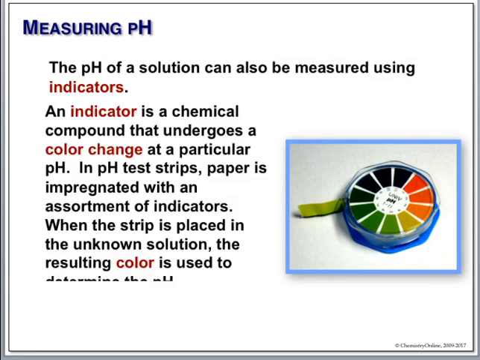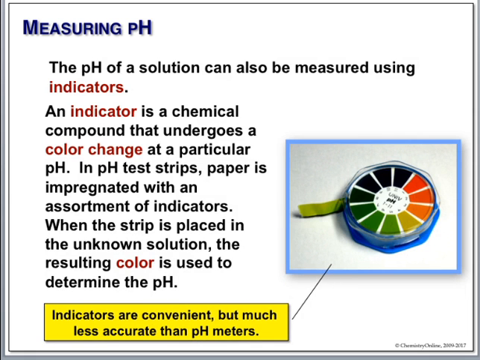Instead, you'll probably use something like this, which is pH paper. Now, pH paper is an engineering marvel. It has compounds embedded in the paper that change color depending upon the pH of the solution.